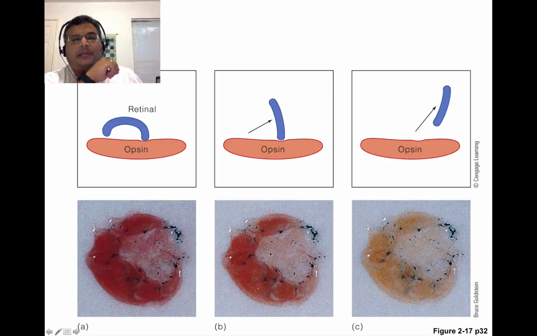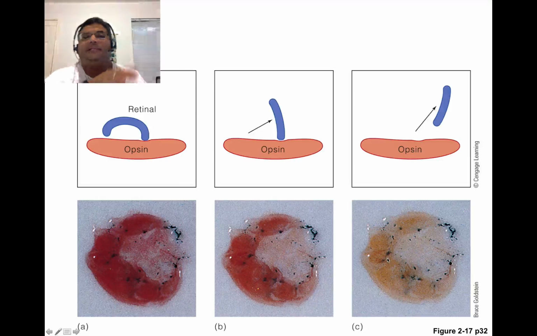So it gets a little bit lighter. And then after it changes shape and gets activated by the photon, it breaks away. The retinol breaks away from the opsin, and if you look at a whole bunch of retinol and opsin, billions of these molecules are in this tissue here, you'll see that they're bleached. They've changed. They no longer have this reddish tint. They have a more light tint to them.